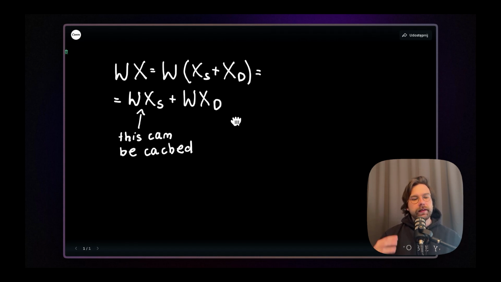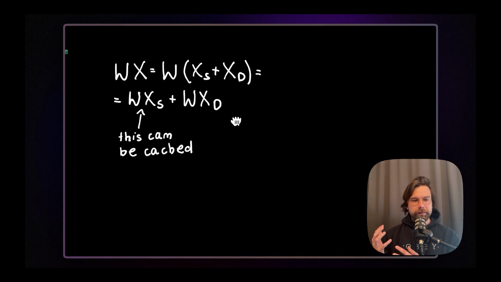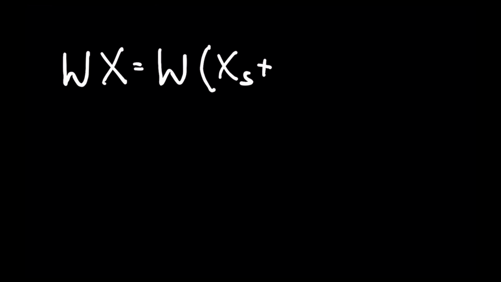So in standard operations, the model input is multiplied by weights, and input is the text data that we have. We can speculate that the input can be divided into two parts: static input, XS, and dynamic input, XD.